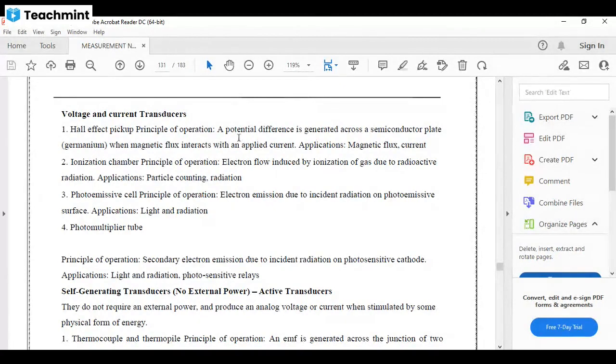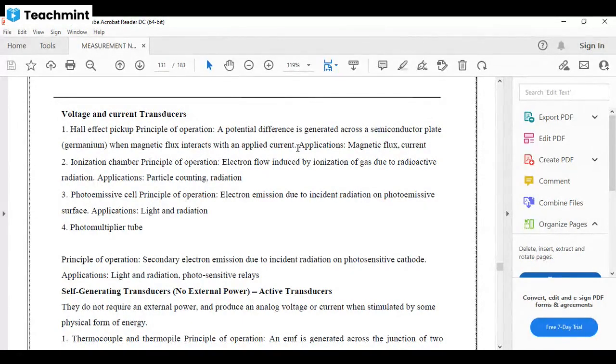In this Hall effect transducer, a potential difference is generated across the semiconductor plate, which is made of germanium, when a magnetic flux interacts with the applied current.